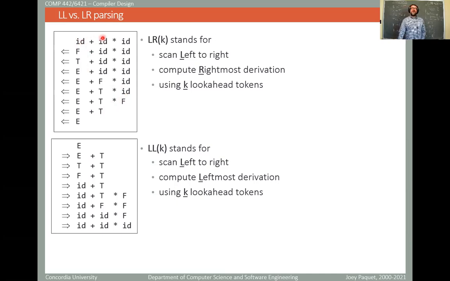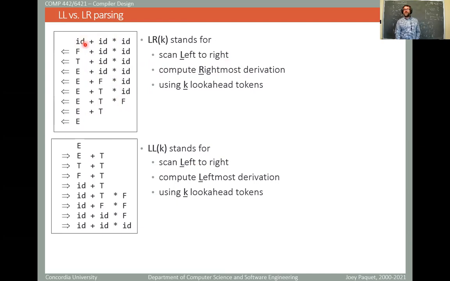But if you see it in the backward or inverse way, then of course you're still processing the symbols from left to right. Still, this is a rightmost derivation, because if you see it in the forward way, then you are always transforming the rightmost symbol.